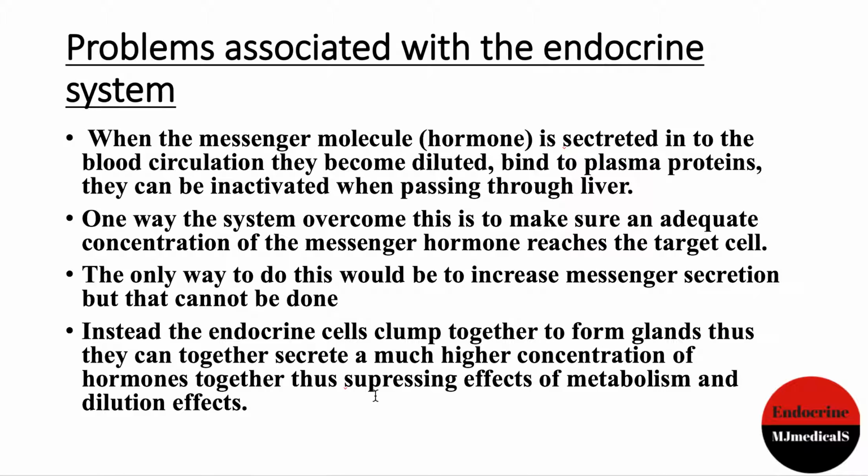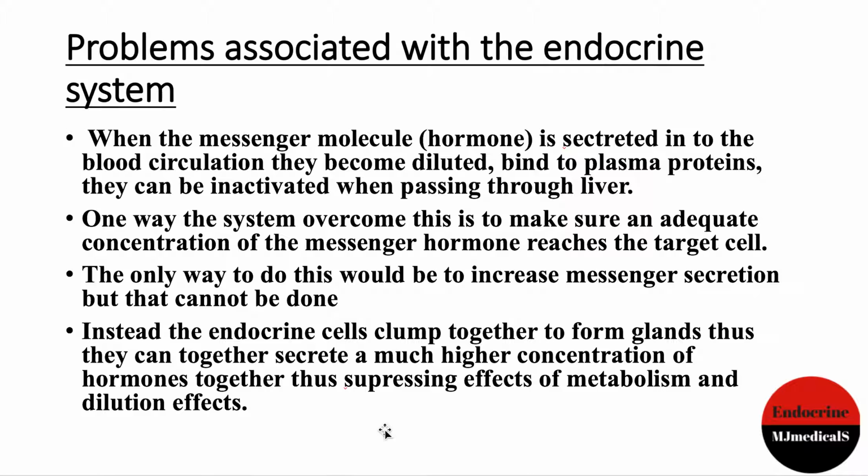Now, there are problems associated with the endocrine system. For example, when the messenger molecule is secreted into the blood circulation, mainly three things can happen. One, the messenger molecule could become diluted within the blood plasma.